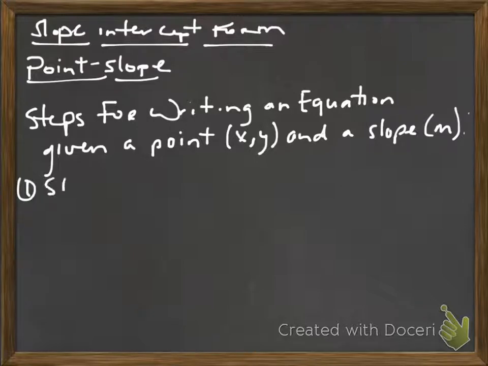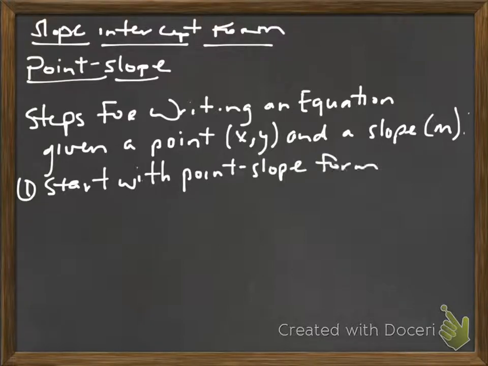So the first thing you do is start with your point slope form. And it's really logical if you think about it, because we're given a point and a slope, so why would we not use point slope form?